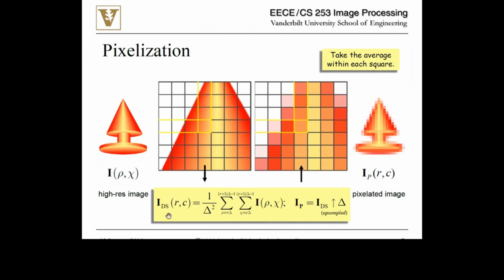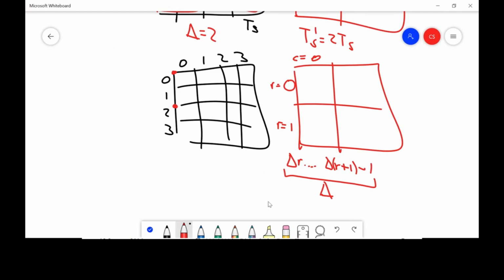And this is important again. My downsampled image has also indexes 0, 1, 2, 3, but now they represent, in the continuous space, the same area as my input. But in number of samples, this is 0, 1, while this one was 0, 1, 2, 3.